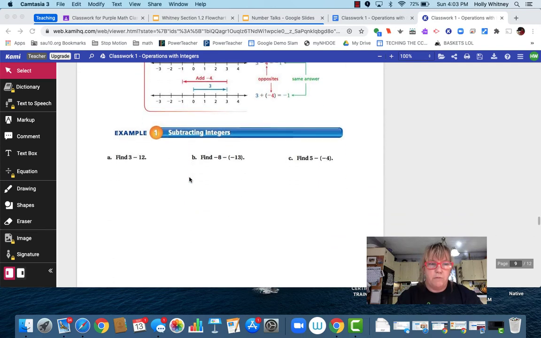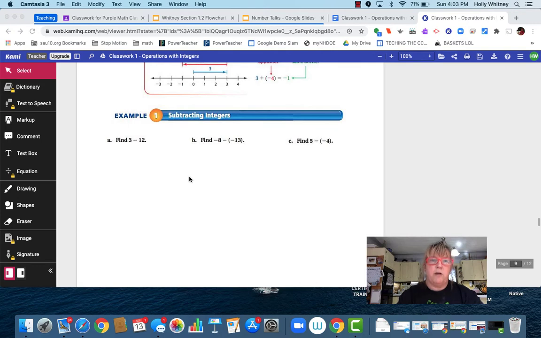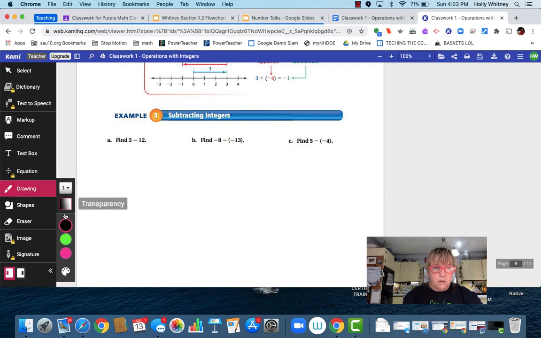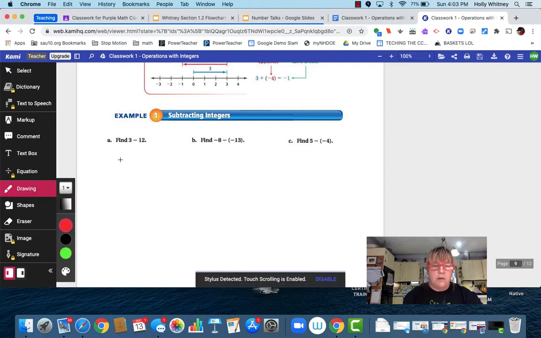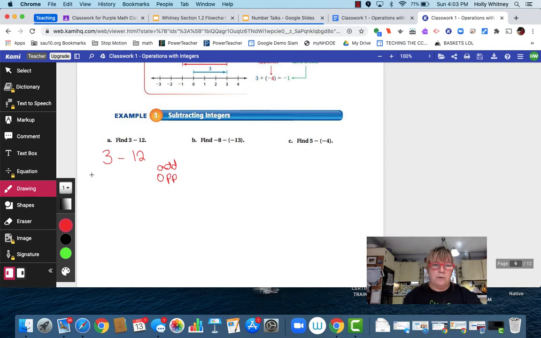Let's do a couple of examples. Find 3 subtract 12. Let's do it in red. You start with 3 subtract 12, and then we're going to add the opposite. This is important that you do this step.